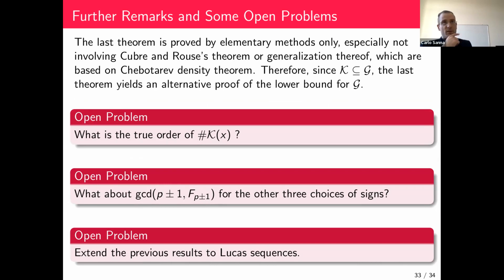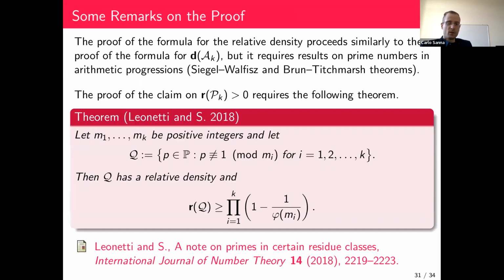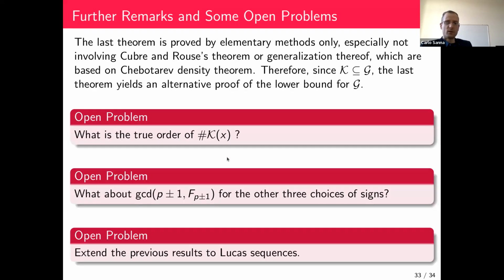I have to say already for p plus 1 there are some technical difficulties because one has to find a similar theorem with minus 1 here, and that's a bit tricky. So it could be not obvious. And of course, one can try to extend the previous results to look at sequences or even more general sequences.